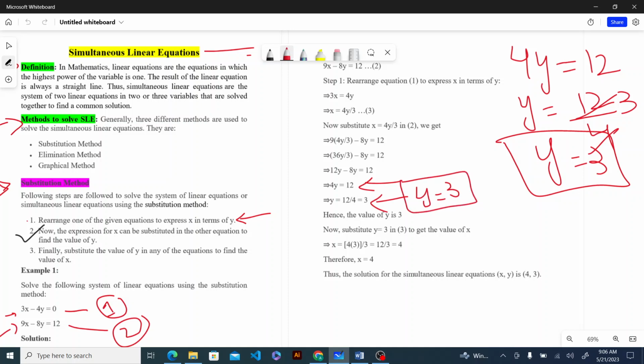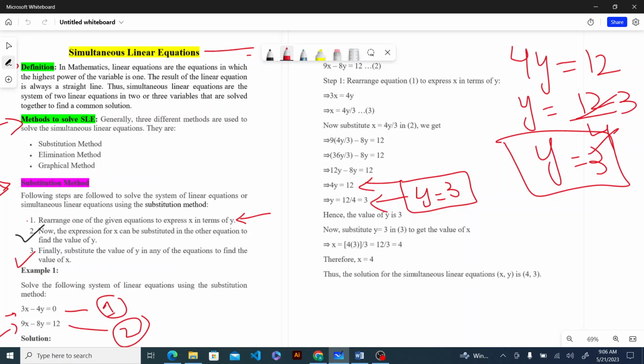Now we will go towards the third step. The third step says, finally, this is the final step, because one value of one variable, y, we have found, and the other variable x is remaining. So it will be the final step to find the value of x. The third step is, finally substitute the value of y in any of the equations to find the value of x.